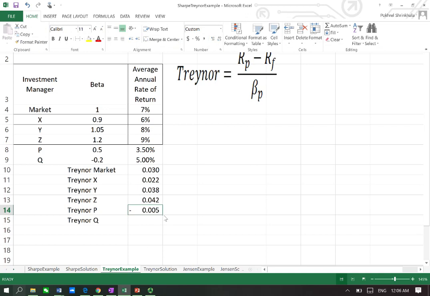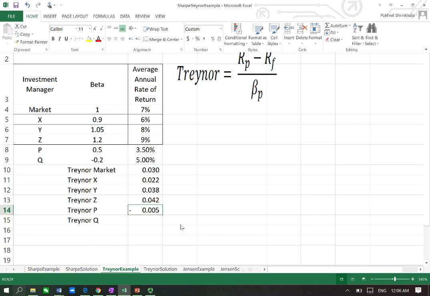Now, if this is the case, which means a portfolio with a negative excess return, what is happening here? So, very poor return performance or very good performance with very low risk may yield negative Treynor values.